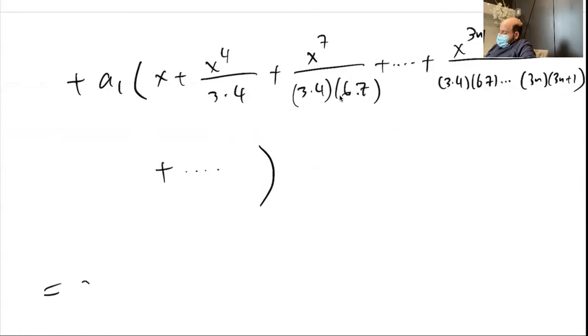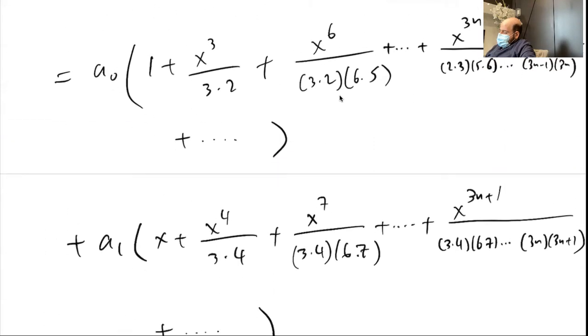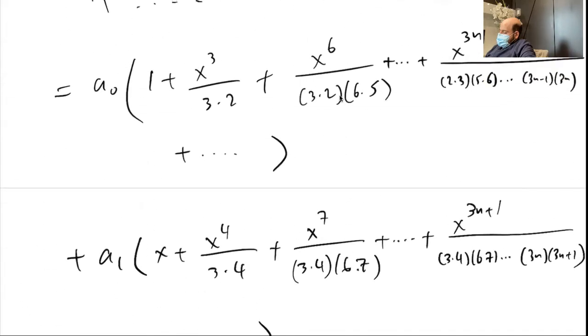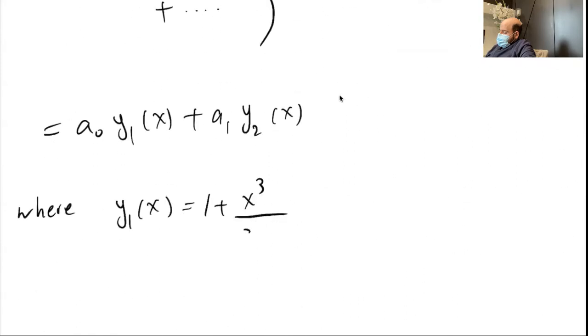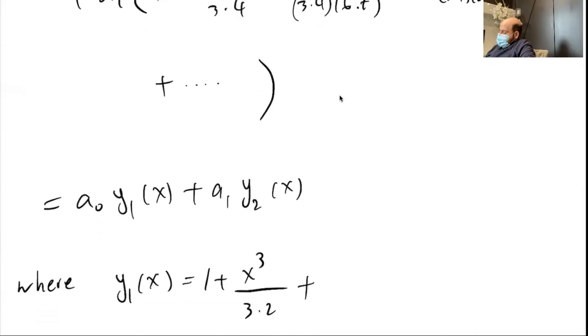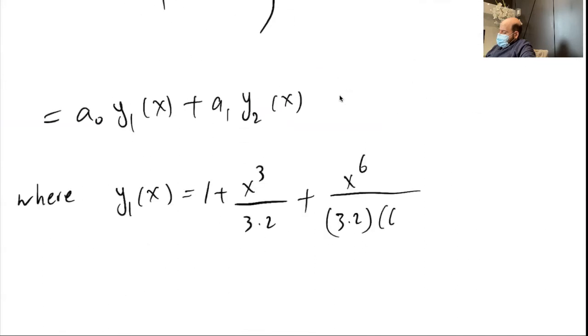So I can write this as a0 y1 of x plus a1 y2 of x, where y1 of x is equal to 1 plus x cubed over 3 times 2, plus x to the power 6 over 3 times 2, 6 times 5.